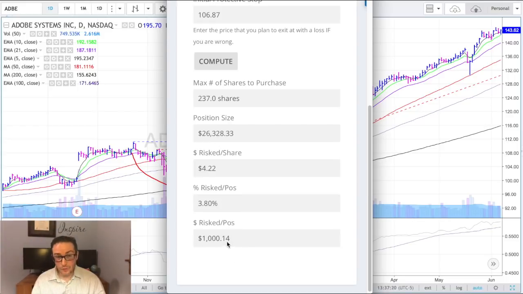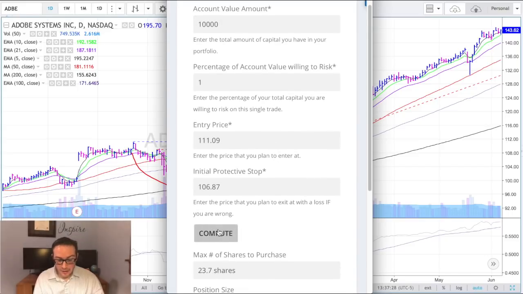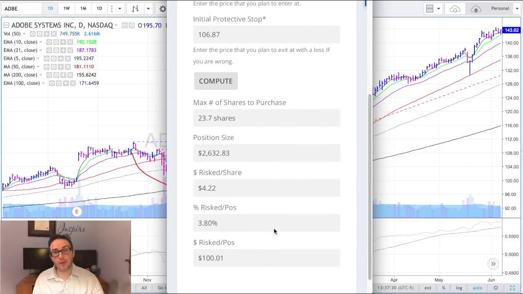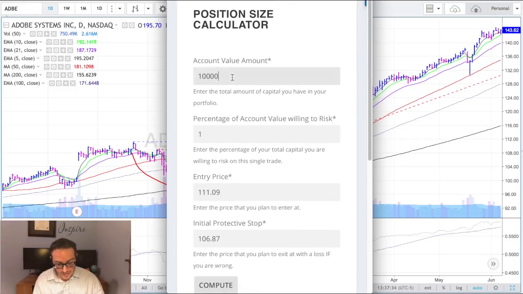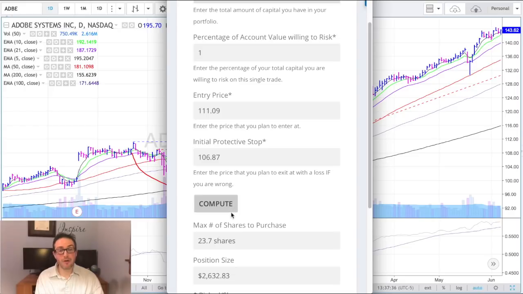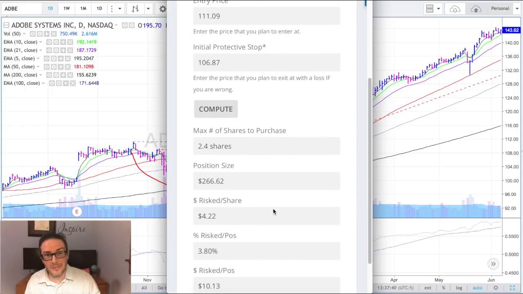And so this works whether you have a $100,000 account, whether you have a $10,000 account, right? It works no matter what size your portfolio is. If you only have a $1,000 account, you could have still bought 2 shares of Adobe and still played this. So it doesn't matter what size your account is.